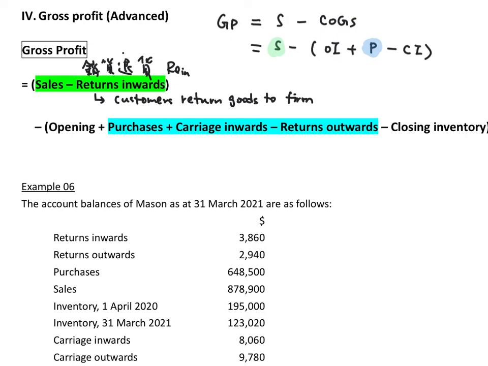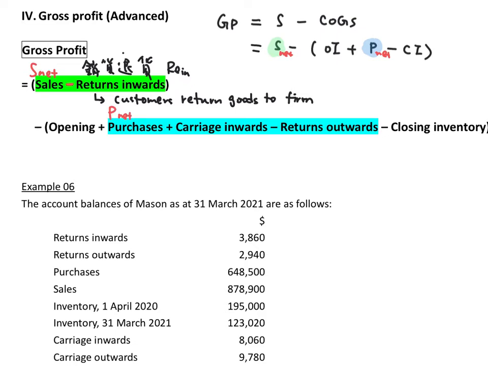And for this new item, because we have subtraction right here, normally we call the whole item net sales. And for the new purchases, we call it net purchases.